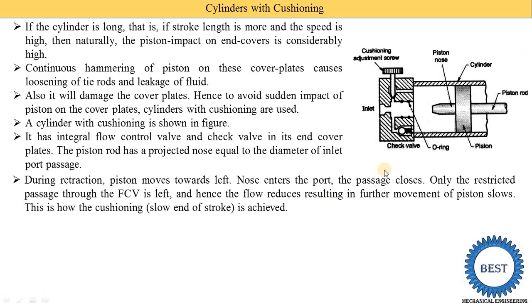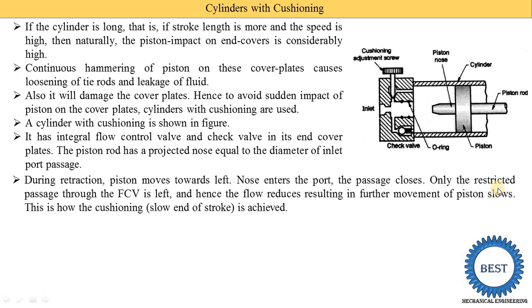Flow is reduced on this side and the piston velocity is reduced. So when the piston nose enters this passage, restricted flow comes from the FCV and reduces the further movement, that is, the velocity of the piston. This is how cushioning is achieved.